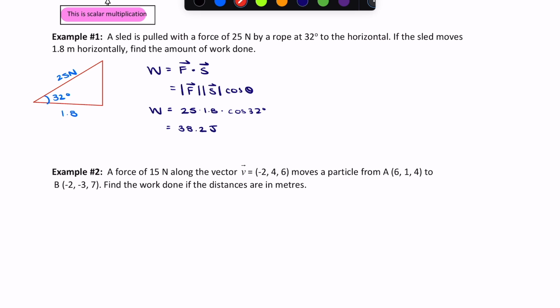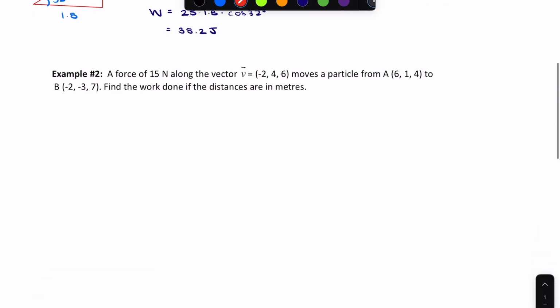Example number 2 says a force of 15 newtons along the vector v equal to (-2, 4, 6) moves a particle from A (6, 1, 4) to B (-2, -3, 7). Find the work done if the distances are in meters.